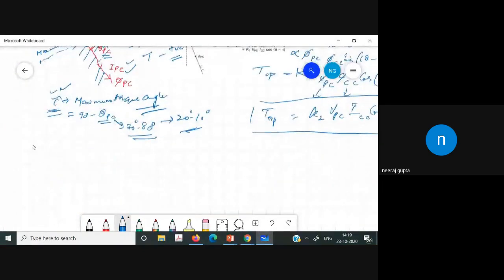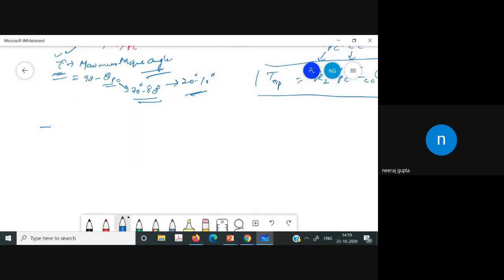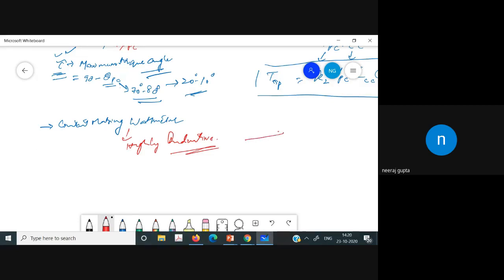It means that in case of contact making wattmeter, the circuit is highly inductive. So what happens in that very case? Let us suppose that VPC, then the IPC is 90 degree behind that, in case of contact making wattmeter.